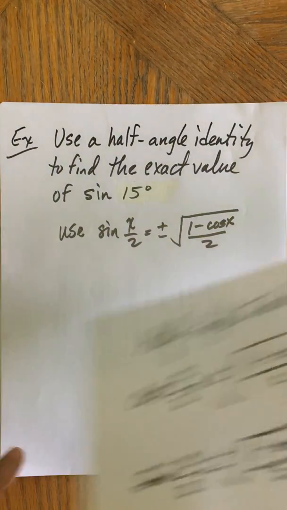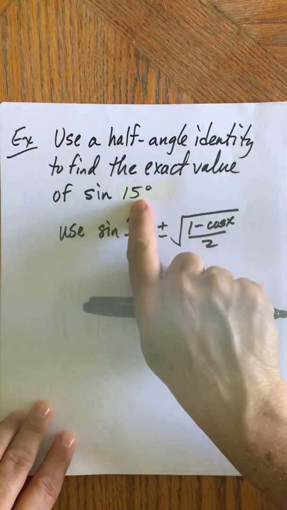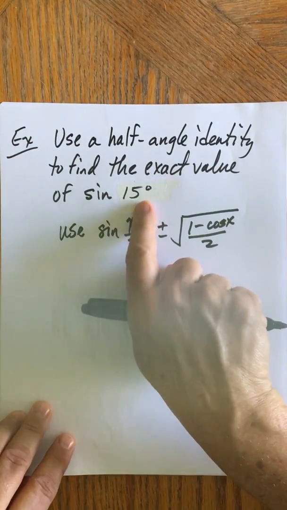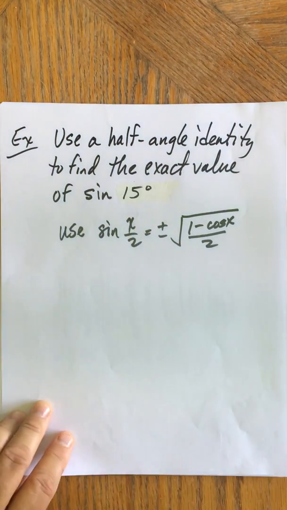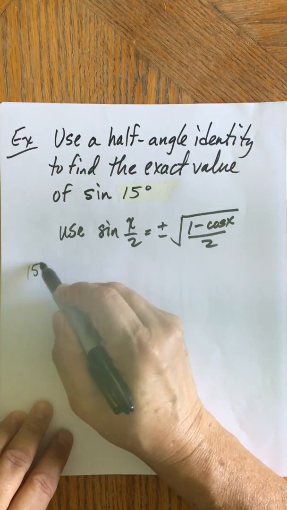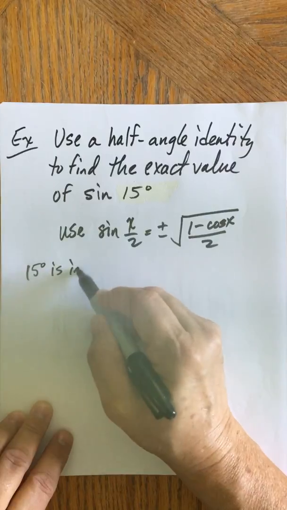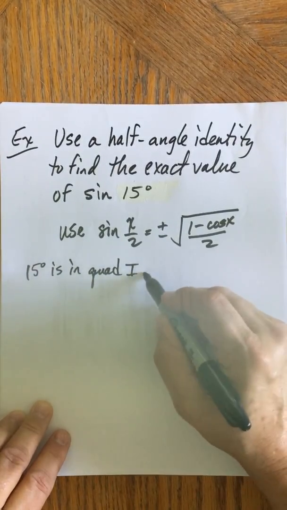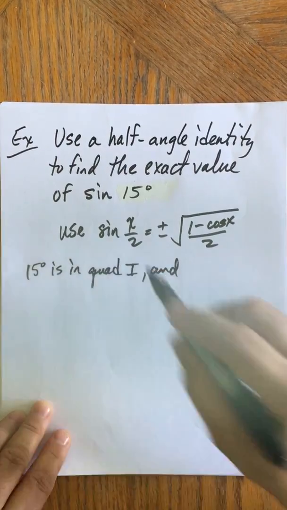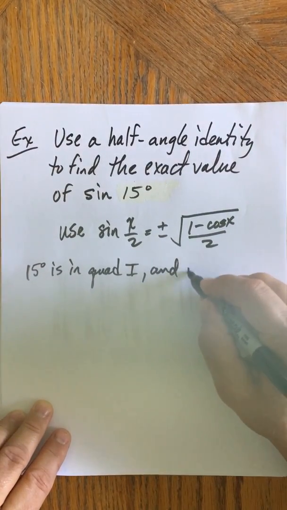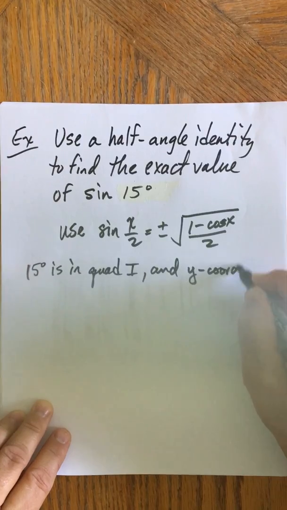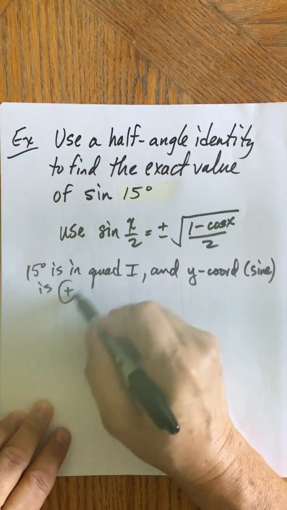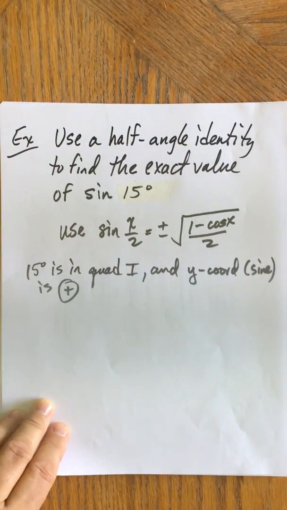Now, since what we're working with is the 15, that is our half angle, we have to ask ourselves, 15 degrees is in quadrant 1, and the sine, which is the y-coordinate, is positive. So that's how we know to take the positive, okay?